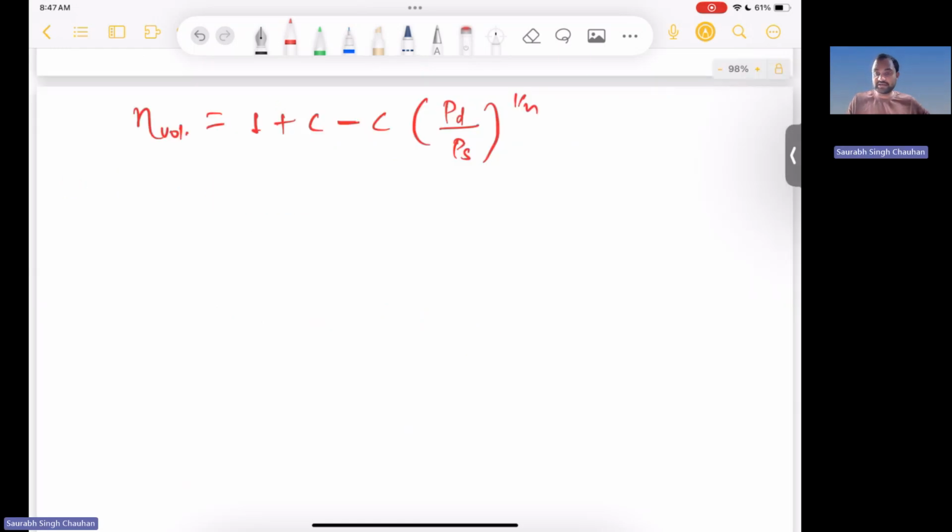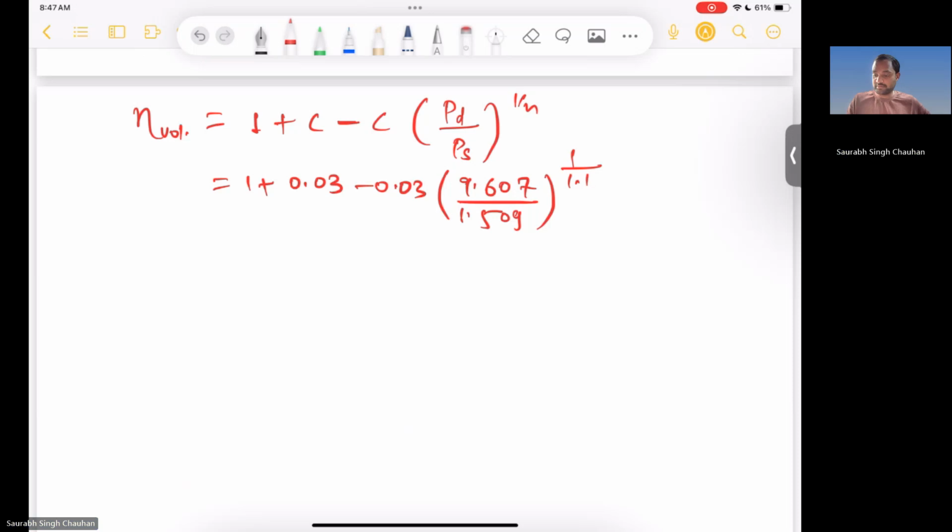C is the clearance volume, and clearance volume was given to be 3%. So C will be 0.03, minus 0.03 into (9.607 divided by 1.509) to the power 1 by 1.13. If you calculate this, it comes out to be 0.876, that is equal to 87.6%. So this is the volumetric efficiency.